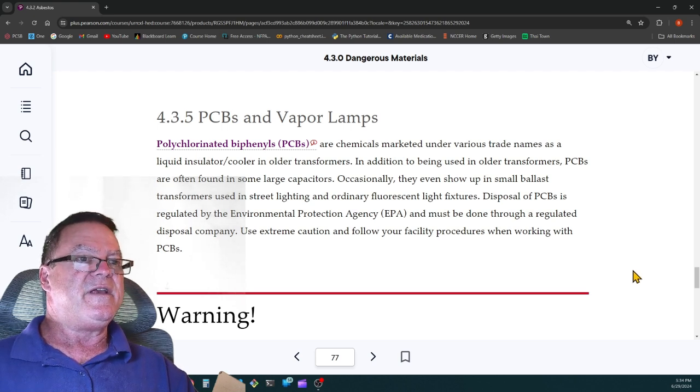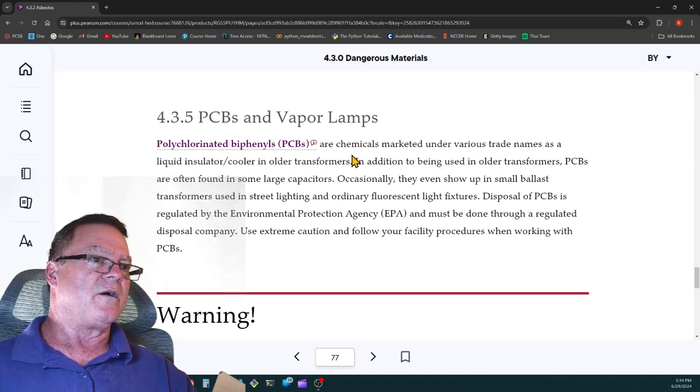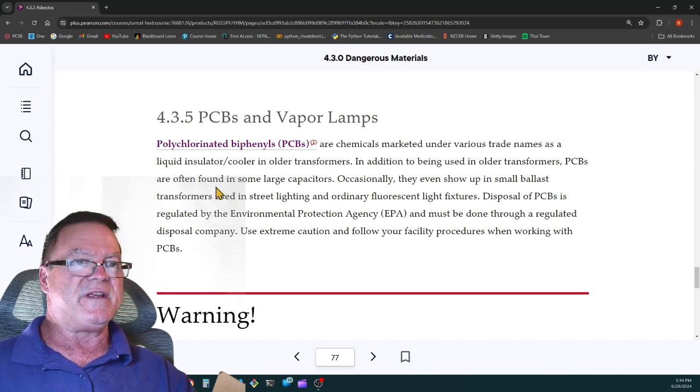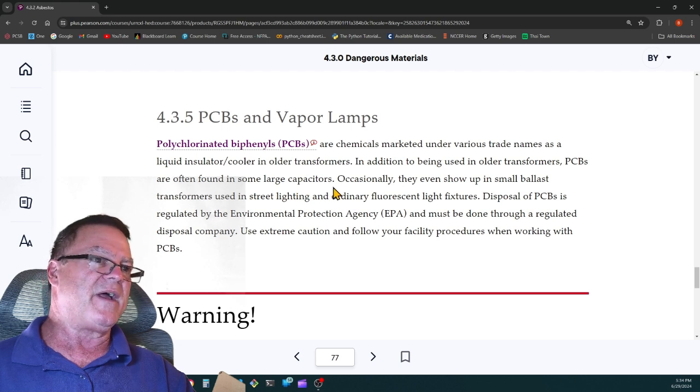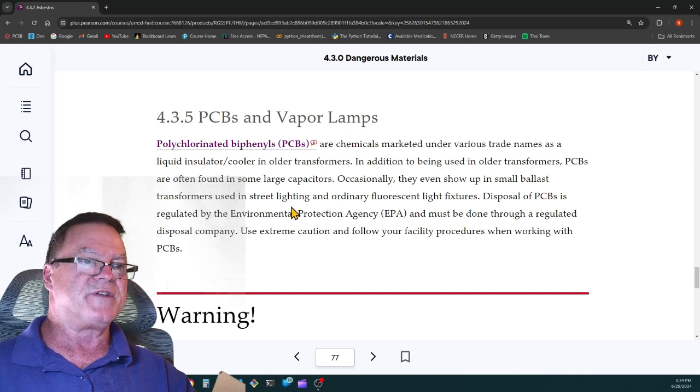Let's see, PCBs and vapor lamps. Polychlorinated biphenyls are chemicals marketed under various trade names as a liquid insulator or coolant of older transformers. In addition to being used in older transformers, PCBs are often found in some large capacitors. Occasionally, they even show up in small ballast transformers used in street lighting and ordinary fluorescent light fixtures.